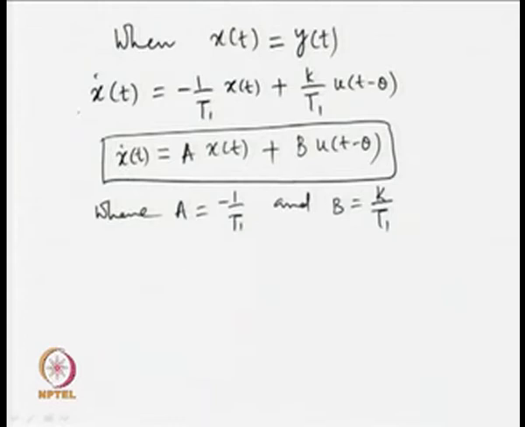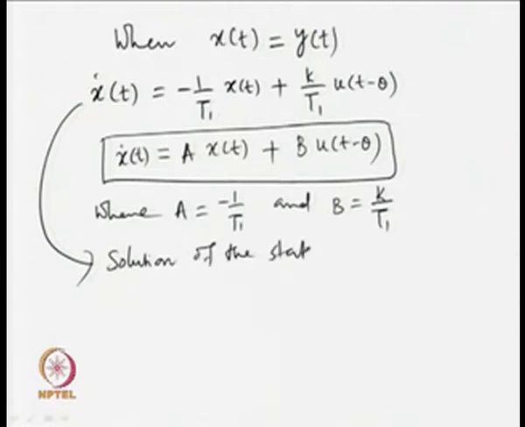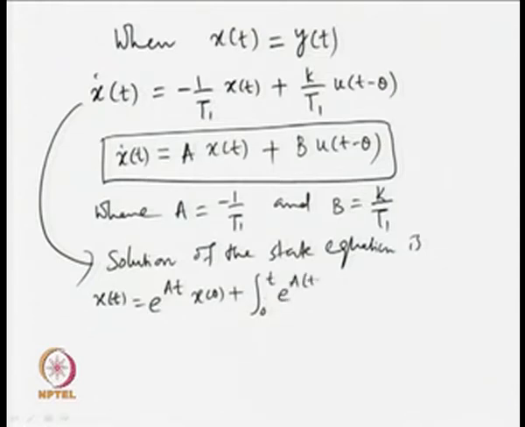What is the solution of this state equation? We know that the solution of the state equation is x(t) = e^(at) x(0) + integration from 0 to t of e^(a(t−τ)) b u(τ−θ) dτ.